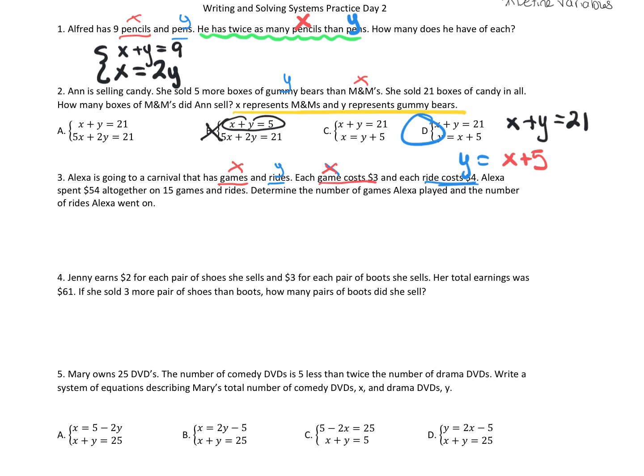Each ride costs $4. And all together, she has $54 and 15 games and rides. So my games plus my rides has to equal 15 altogether. Games cost $3, 3 X's, plus rides cost $4, 4 Y, and that's going to equal my $54 I had to spend.